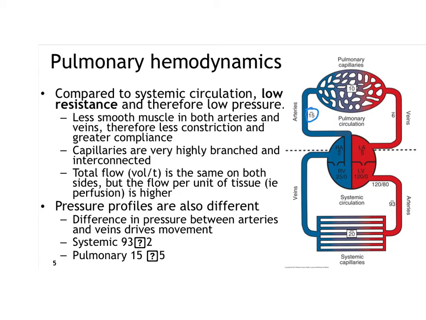And then it's going to dissipate when it gets into, remember, all of these branches that occur there. You're going to branch into so many different branches, it's going to decrease the flow, right? And so if I decrease the flow by going out into all these branches, I decrease resistance, I'm going to decrease my pressure. So really, when we get out into the capillary sides, we're looking at roughly about 10 that we'll see there.